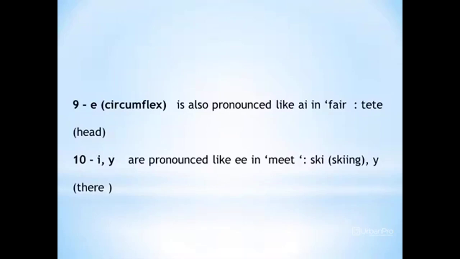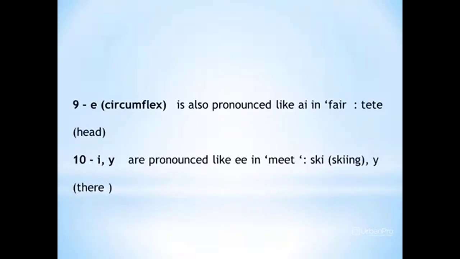Now, the 10th one, I and Y, both of them are pronounced like E. Now, the letters are used differently, but still the pronunciation sounds very much the same. If I have to use I, it's E, E. So, me, ski. If it is SKI, ski.